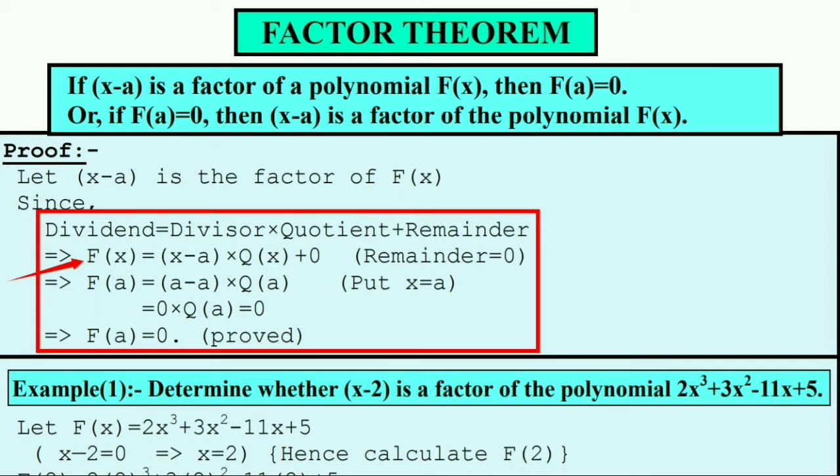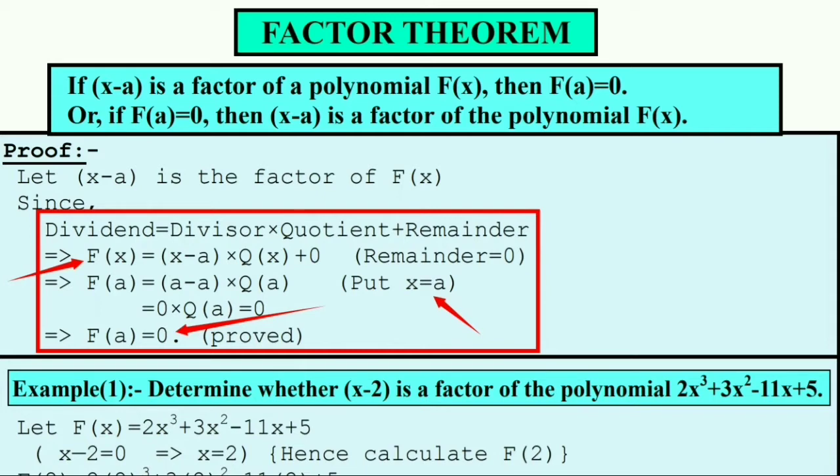Again the same usual step: replace x with a to make x minus a zero, so that after simplifying it we get f(a) equals 0.